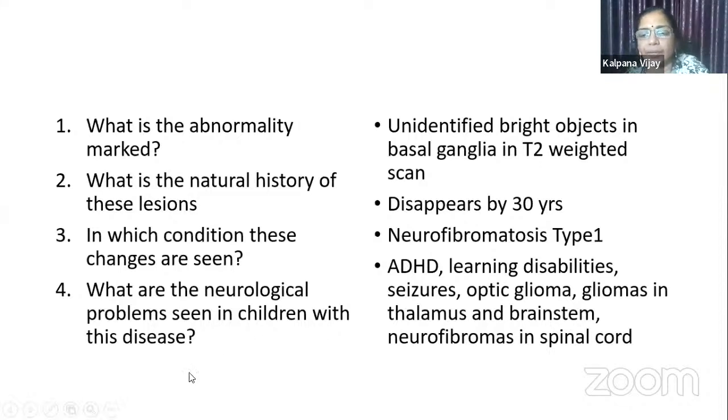You can have gliomas, which can be optic nerve glioma or optic chiasmatic glioma. Sometimes you can get precocious puberty. Then you can have gliomas in the thalamus and the brainstem, and neurofibromas affecting the spinal cord. So that is it.